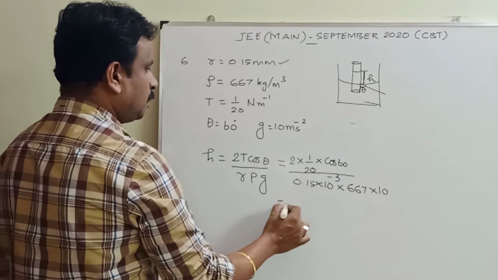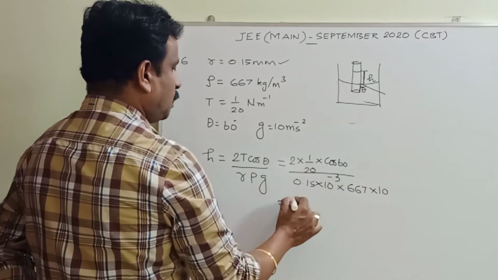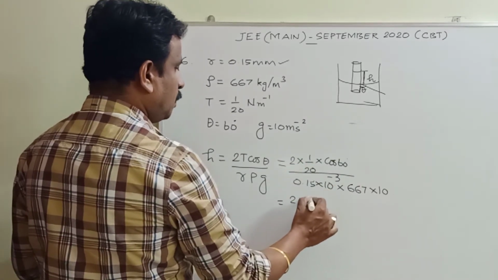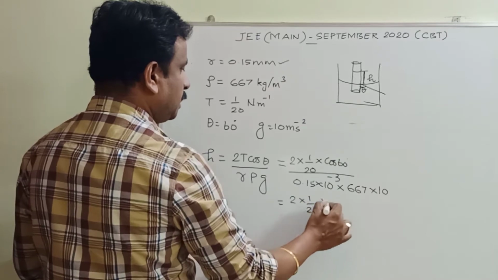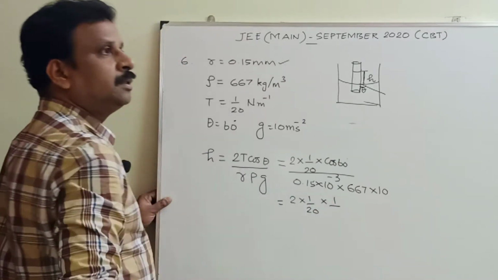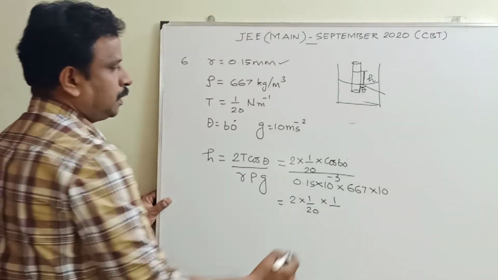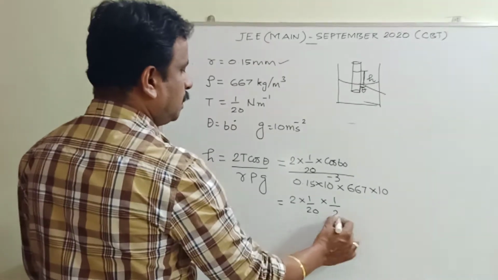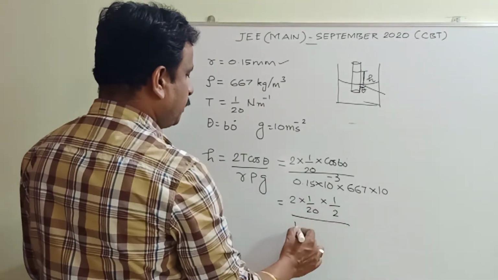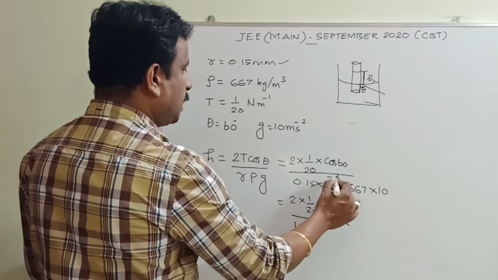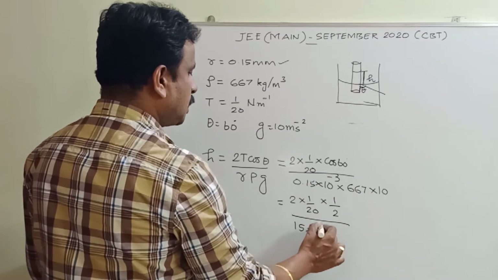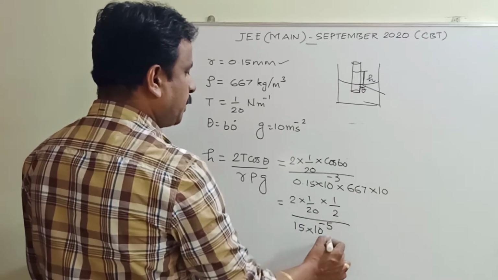So this is equal to 2 into 1 divided by 20 into cos 60, how much? Cos 60 is 1 by 2, right? Divided by 15 into 10 to the power of minus 2, here 10 power minus 3, so you will get 10 to the power of minus 5, am I right?